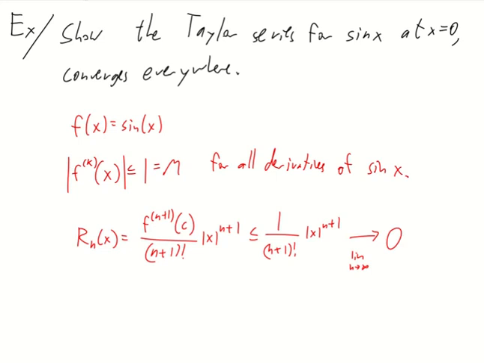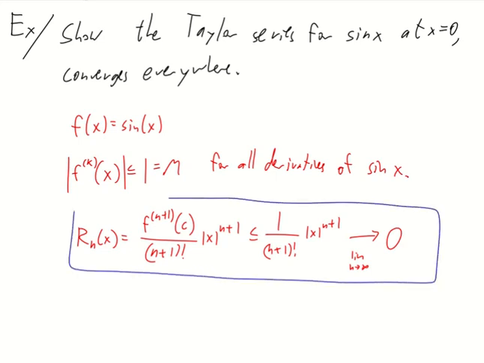So technically, you didn't even need to show this part. This is sort of taken care of in the theorem. Once you say that I have an upper bound on that derivative for all values of x, you can say now, okay, I know that it converges.